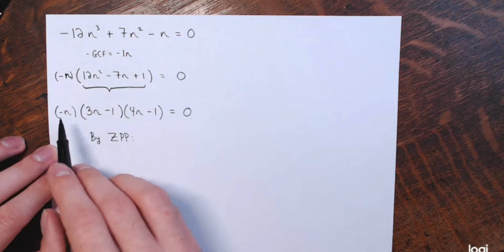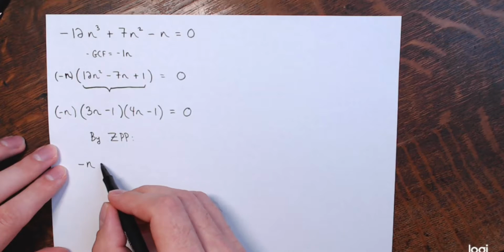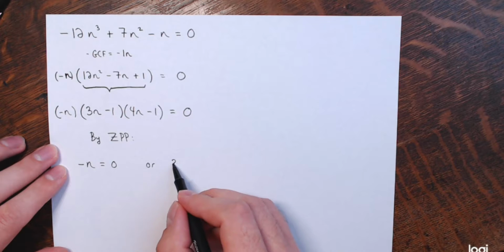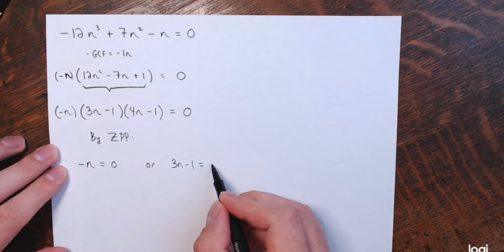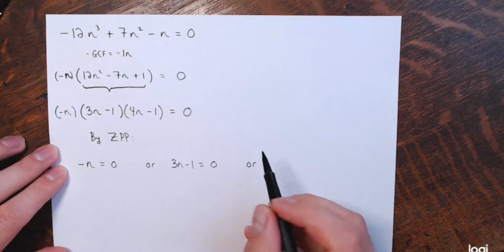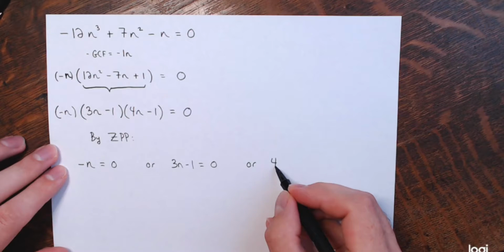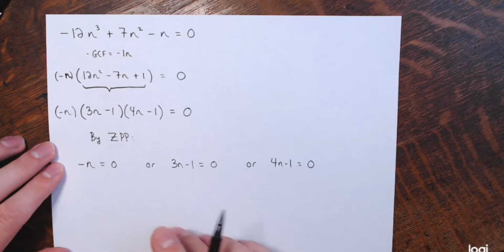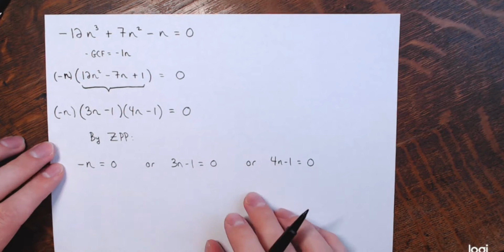So either that minus n factor is 0, or the 3n minus 1 factor is 0, or the 4n minus 1 factor is 0. And then I solve each of these, and there will be my solutions.